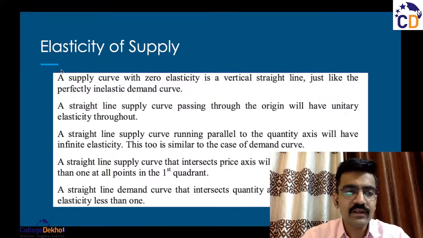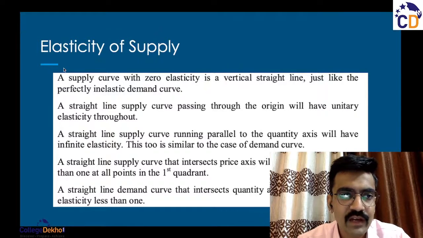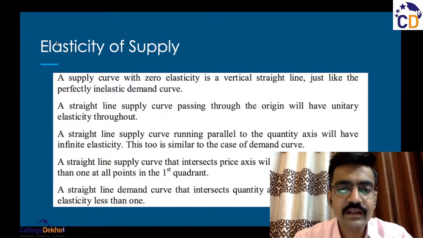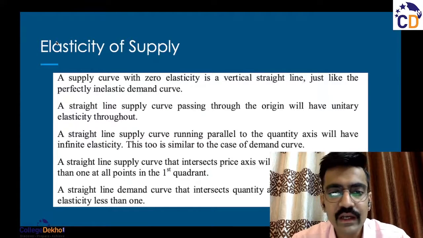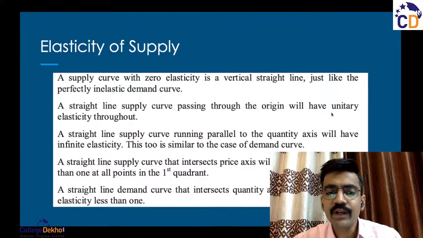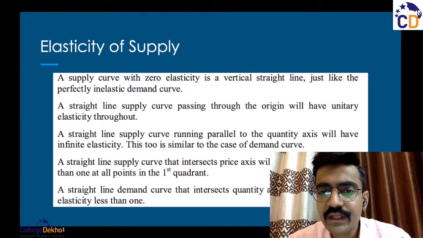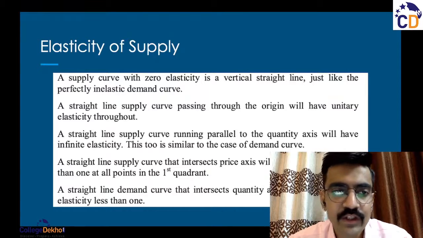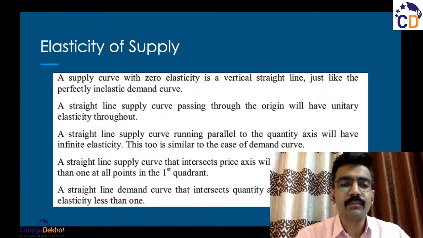So if the curve is passing right through the origin and going at equal distance from the y-axis and from the x-axis, then the elasticity that exists is unitary, as in 1 unit of change in price will result in 1 unit of change in supply. All right, it is a completely direct relationship in this case.